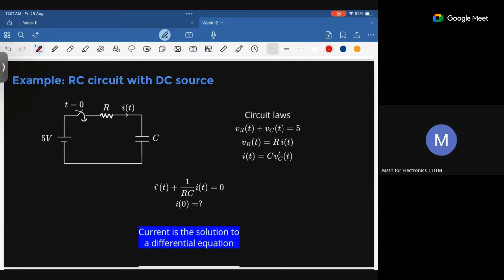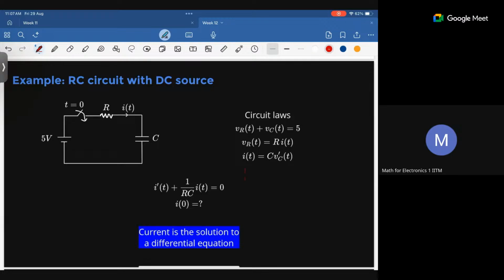If I am interested in current, the expression becomes I prime of t plus 1 by RC I of t is equal to 0, and I of 0, the initial current, can be something.